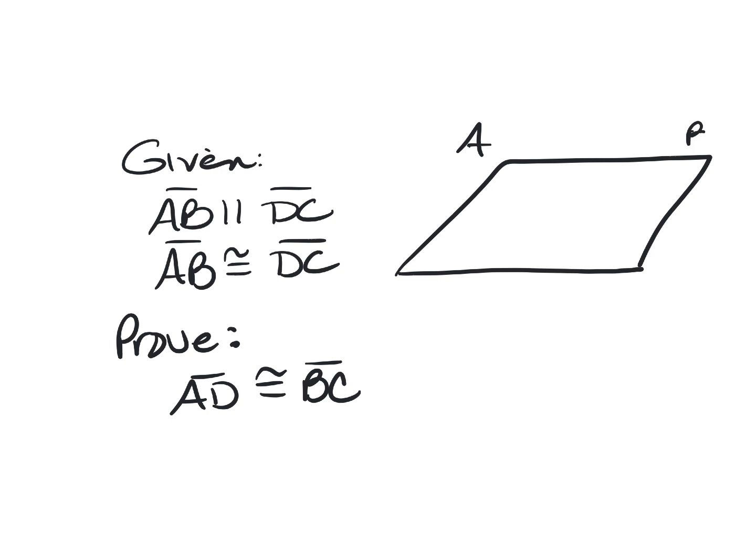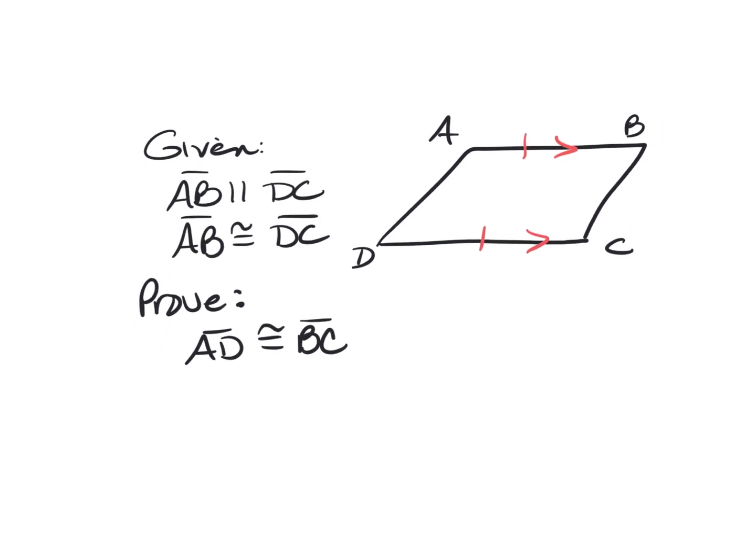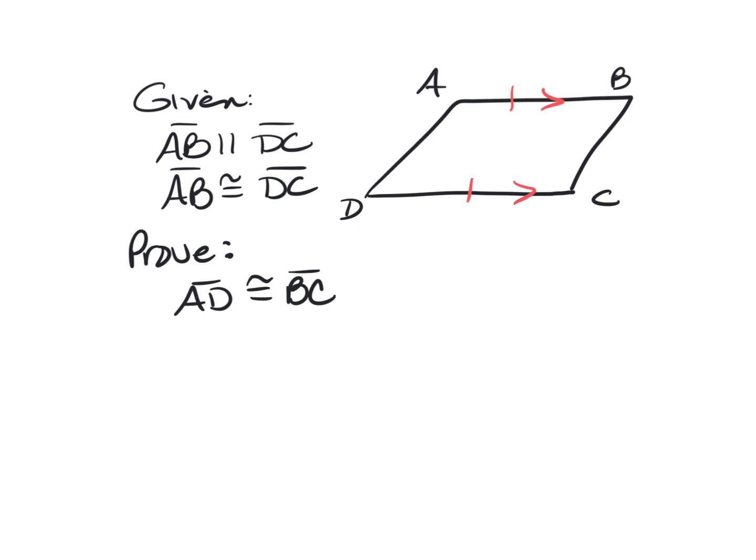So A, B, C, D. I'm going to label my given. So AB is congruent to DC and parallel. Remember, this is one of the ways to show that a quadrilateral is a parallelogram. However, this time, I'm not asking you to prove it is a parallelogram. I'm asking you to show me that AD is congruent to BC.